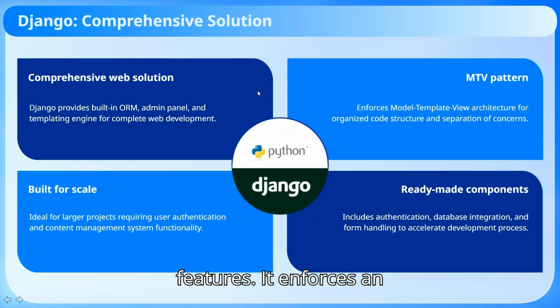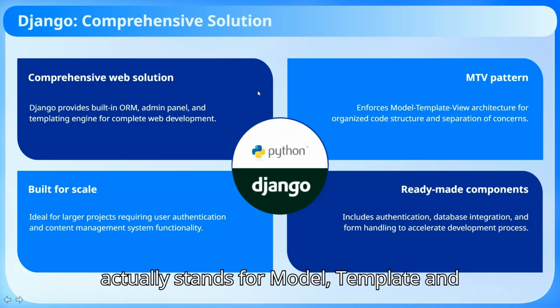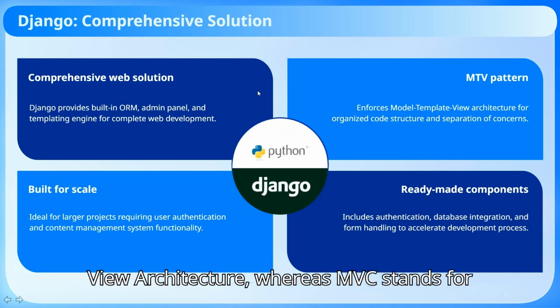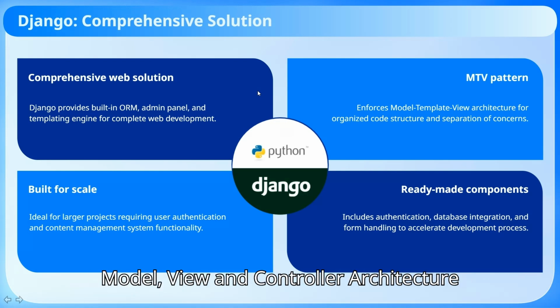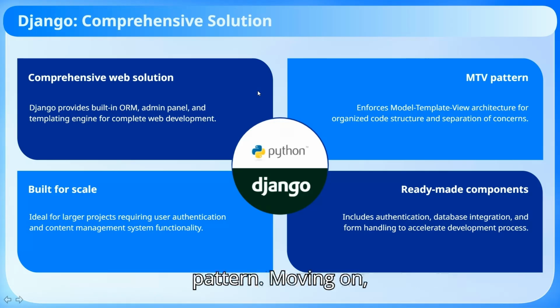It enforces an MTV pattern, making it ideal for larger projects that need user authentication, reusable apps, and a ready-made CMS out of the box. In case you have worked with the MVC pattern, the view component in MTV and MVC are not exactly the same, so do not get confused. MTV stands for model, template, and view architecture, whereas MVC stands for model, view, and controller architecture pattern.